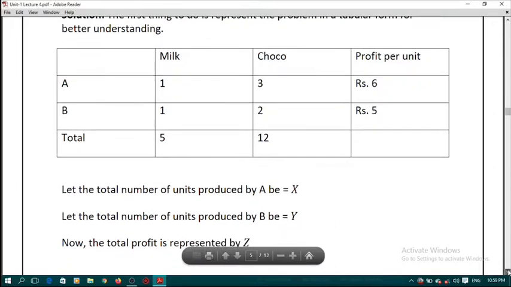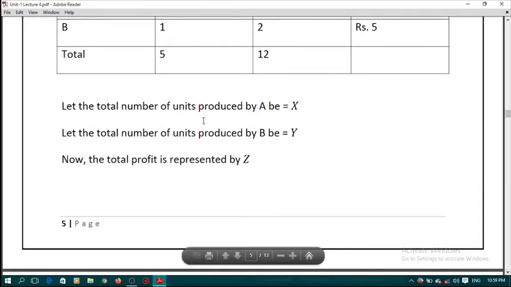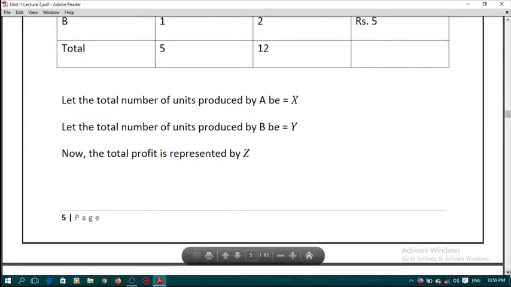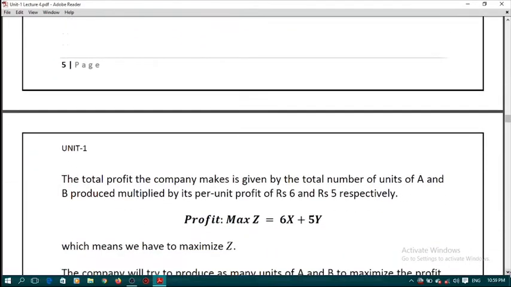So let's decide the decision variables. Let the total number of units produced of A be X, and let the total number of units produced of B be Y. The total profit is represented by Z. So X and Y are decision variables and Z is the objective function.